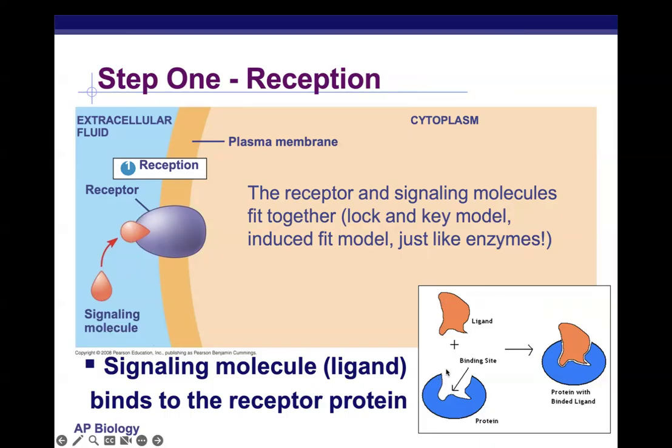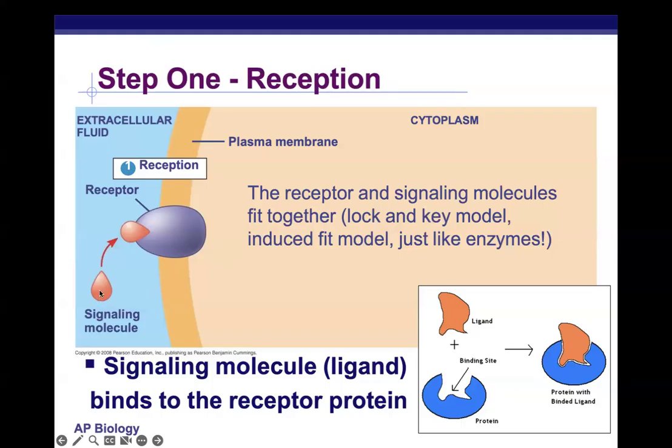And the receptor protein has a specific binding site that's perfectly shaped for the ligand. So these receptors and these ligands are specific. A specific receptor can only bind one or only a few ligands that have the specific shape to fit into their receptor site. And vice versa, a ligand can only bind to receptors that have a specific shape so they can fit just like a key in a lock.